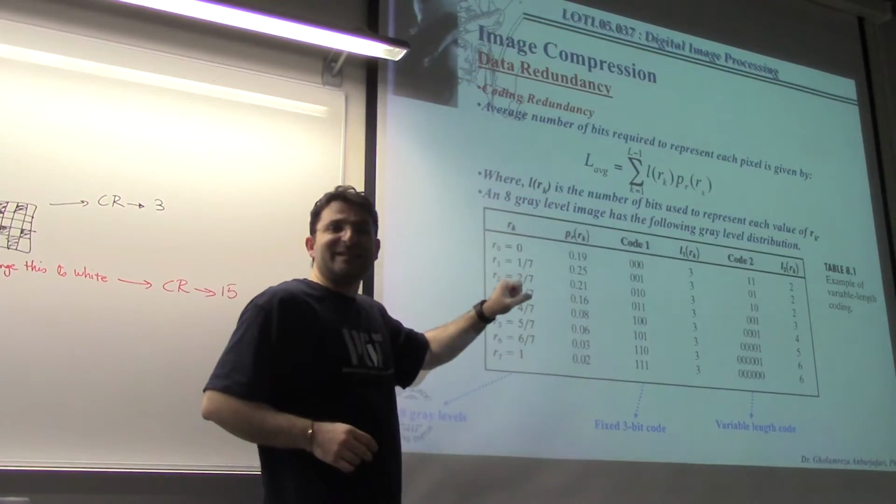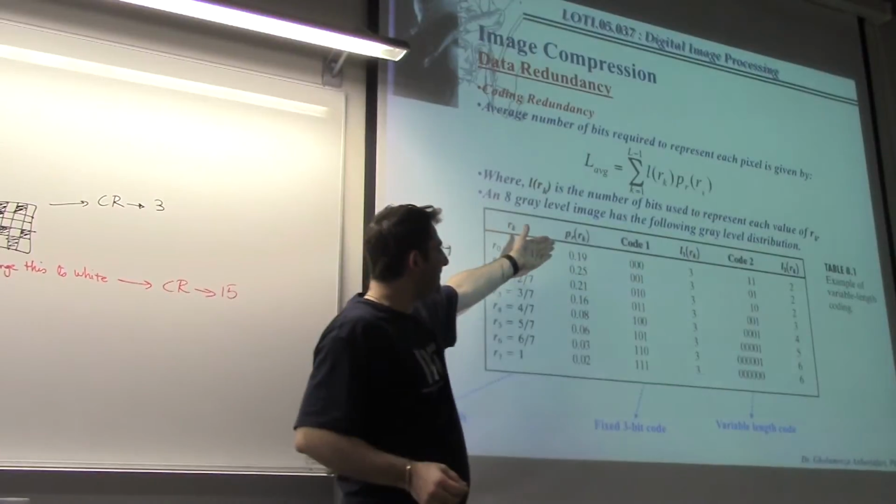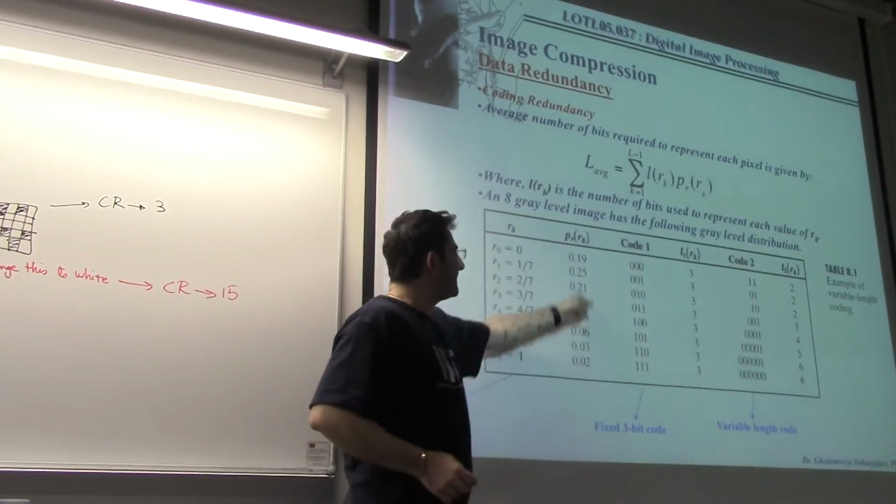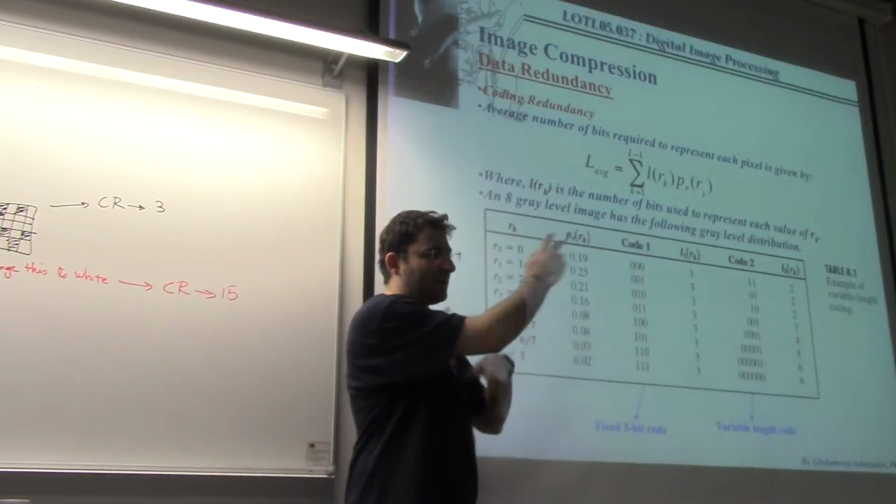But imagine within this example, we had different probabilities of occurrence. These numbers are random. We just took these numbers randomly from the book.